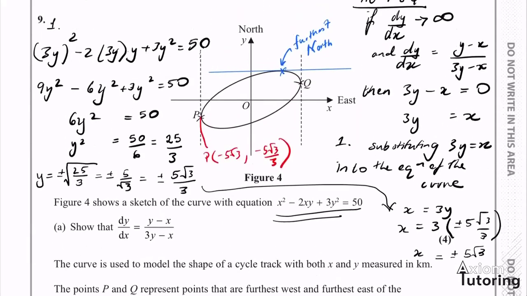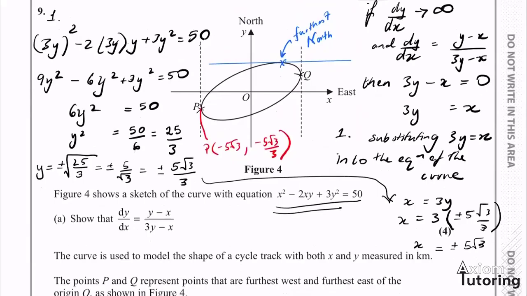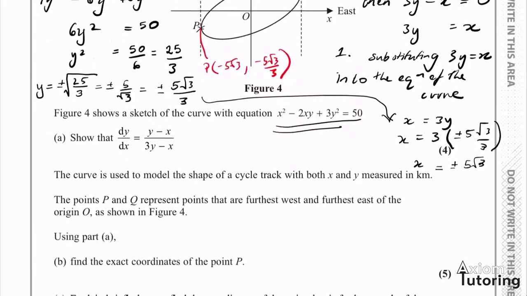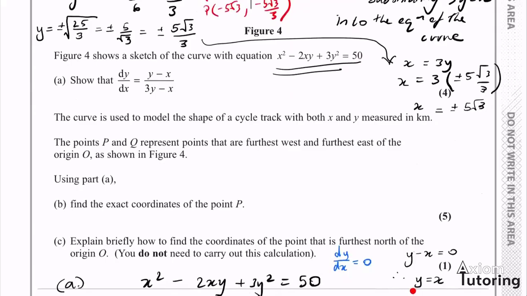So instead of what we did in part B, where we used 3y equals x and the equation of the curve to solve for x and y, this time, if we want the coordinates of the furthest point north of the origin, we're actually going to use y equals x as our first equation, and then also the equation of the curve.